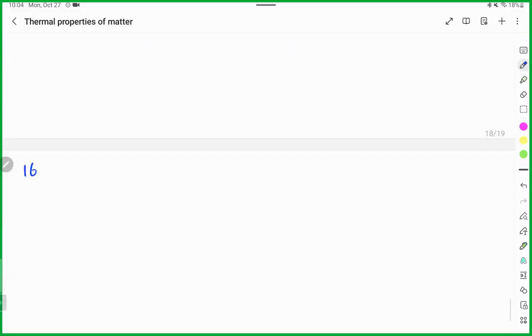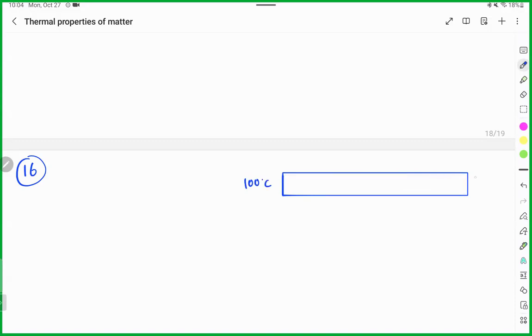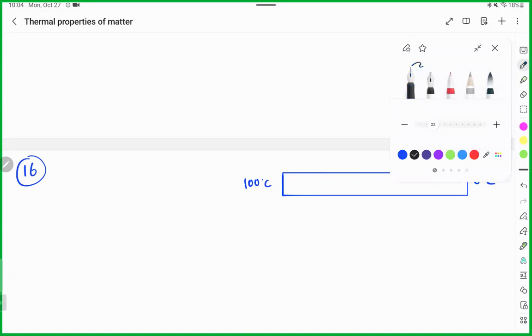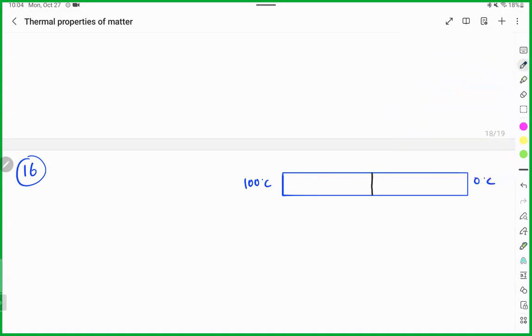Okay. What is given? Example, you have this rod. One side you have 100 degrees Celsius temperature. Another side you have 0 degrees Celsius temperature. Then you have a copper rod and on the other side you have a steel rod.